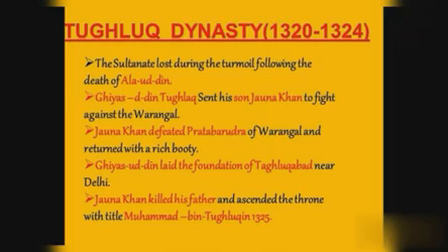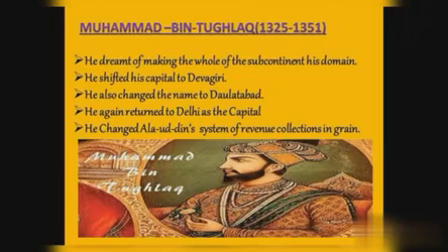Juna Khan was said to have killed his father and ascended the throne with the title Muhammad bin Tughlaq in 1325. Muhammad bin Tughlaq, from 1325 to 1351. Muhammad bin Tughlaq was a learned man. Muhammad dreamed of making the whole of the subcontinent his domain.